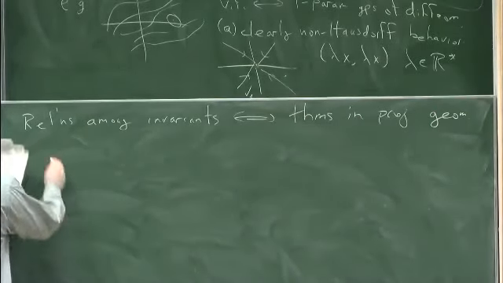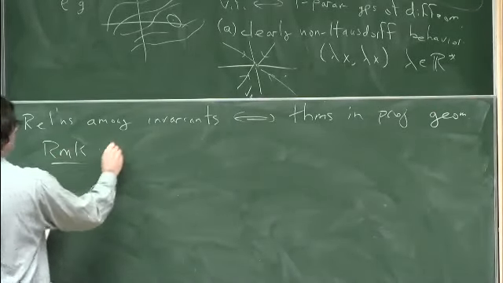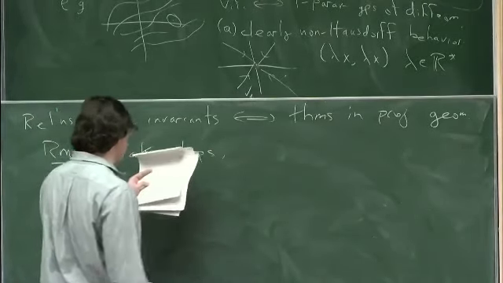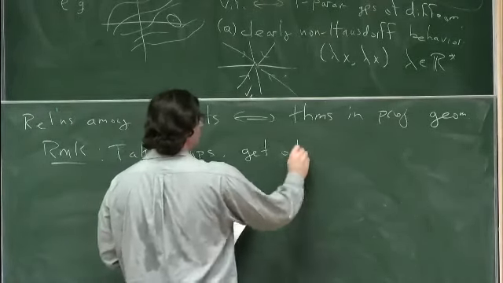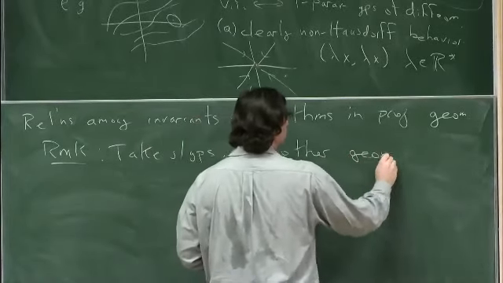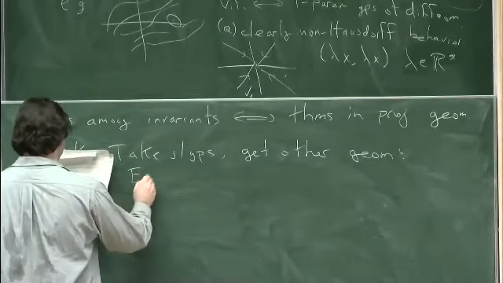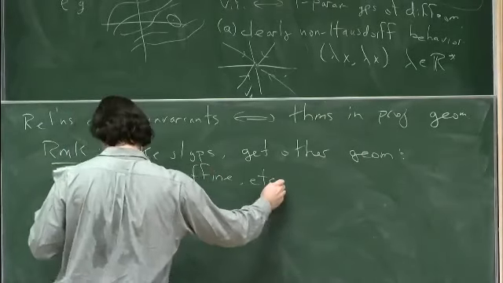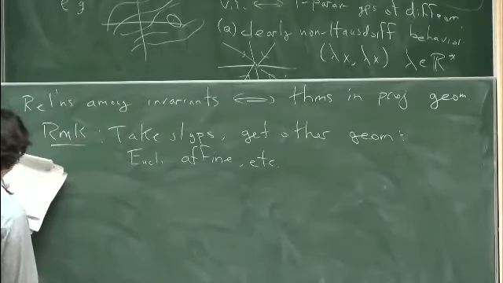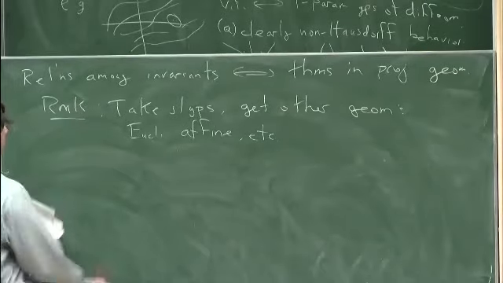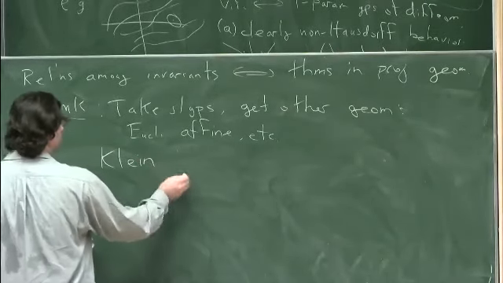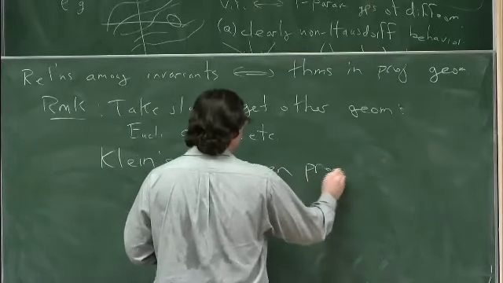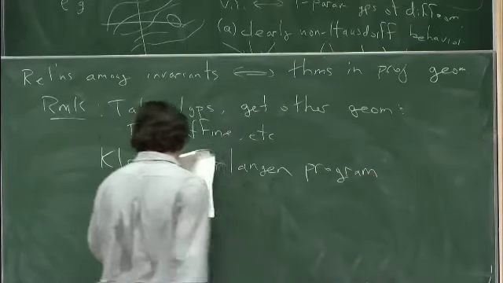Okay, remark: take subgroups of the group that defines projective geometry and you get other geometries. So for instance, Euclidean, affine, etc. Anything derivable from projective geometry. And as I said, in its purest form, this is the statement of Klein's Erlangen program, which is what Hilbert was steeped in at the time.